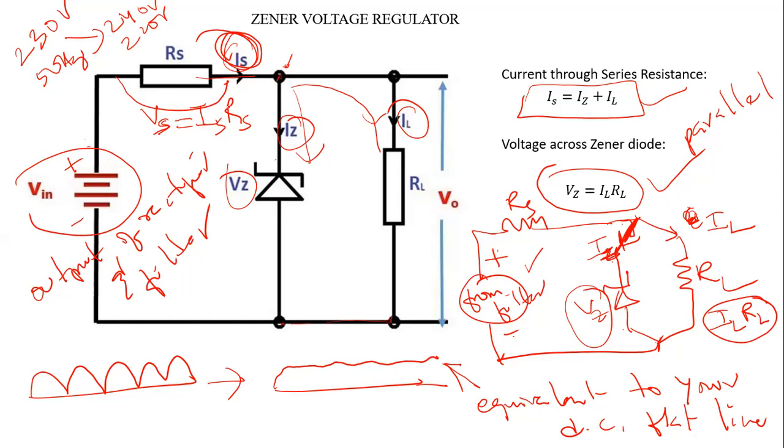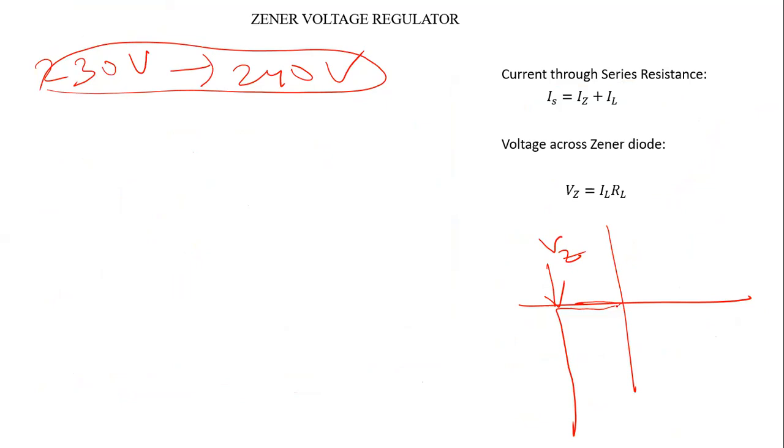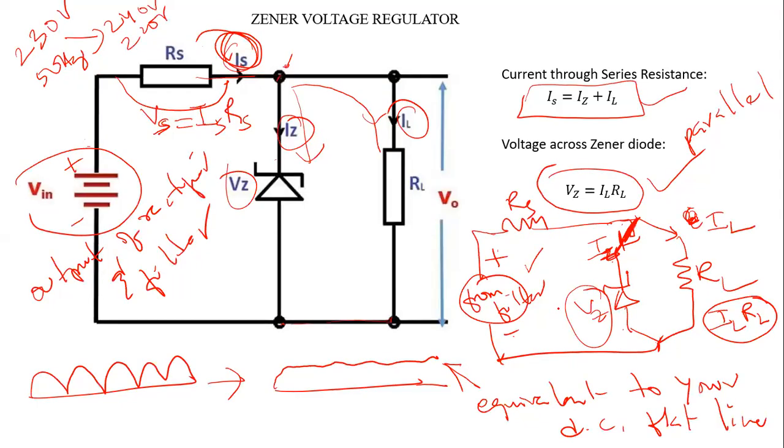But since the Zener diode is such that under reverse breakdown the voltage across it cannot increase beyond Vz, the Vz value will remain constant. Also, in this parallel connection, the relation Vz is equal to IL into RL remains valid.